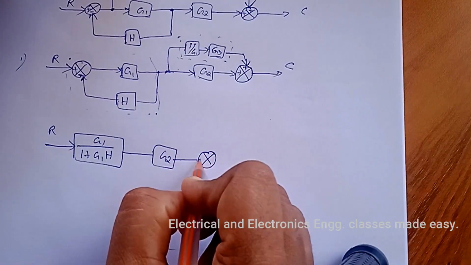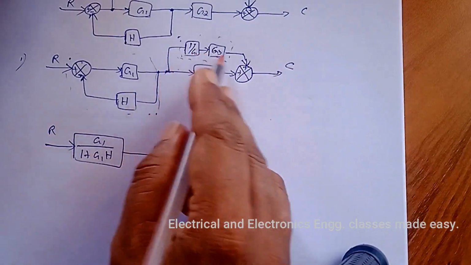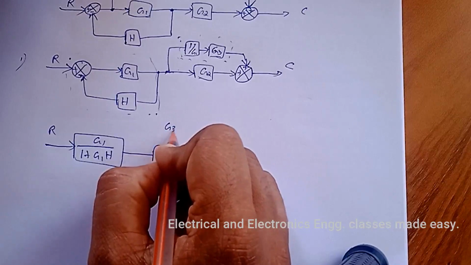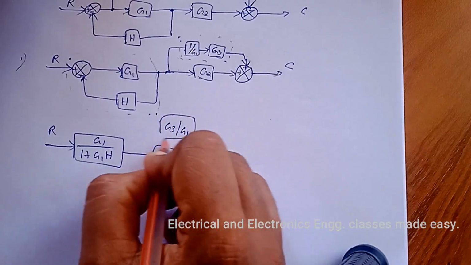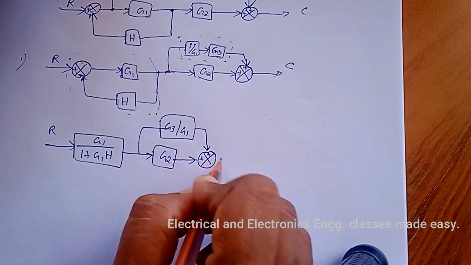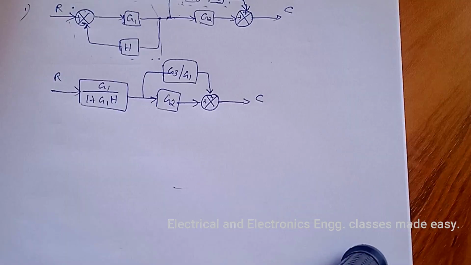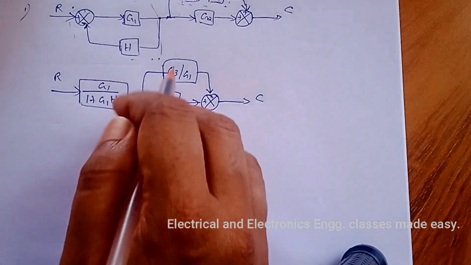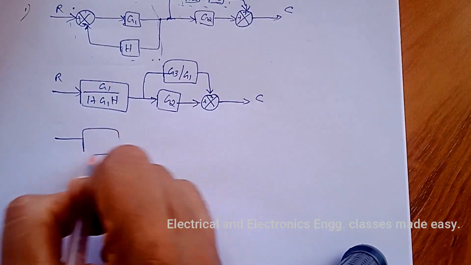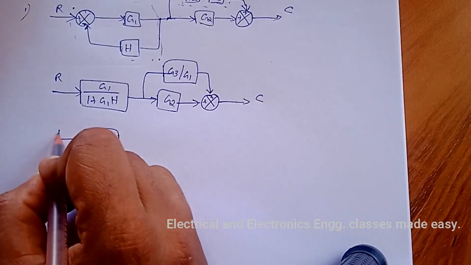Then summing point is there. These two blocks we can combine, that is multiply these two transfer functions, that is G3 divided by G1. Then C. Now we can combine these two parallel blocks, that is here G1 divided by 1 plus G1H.